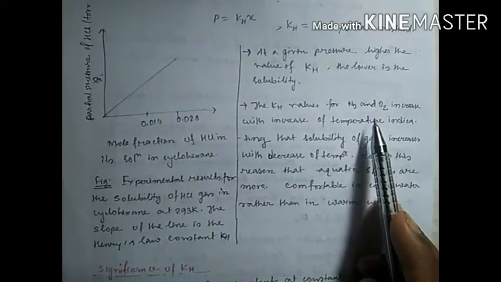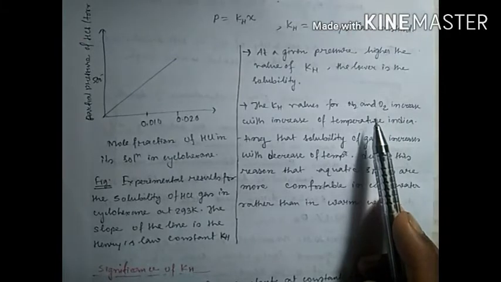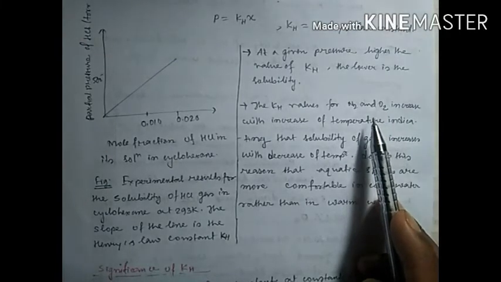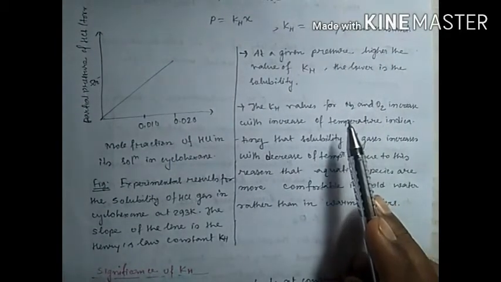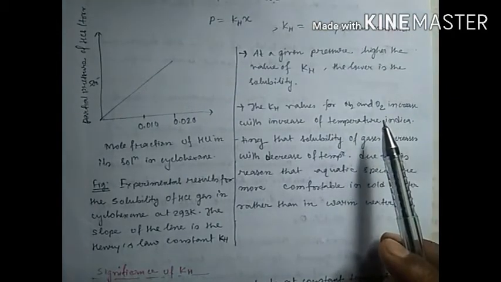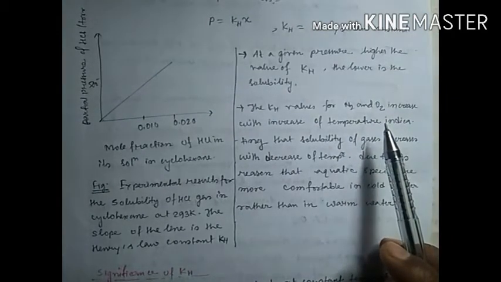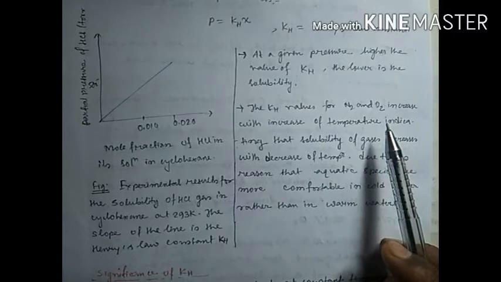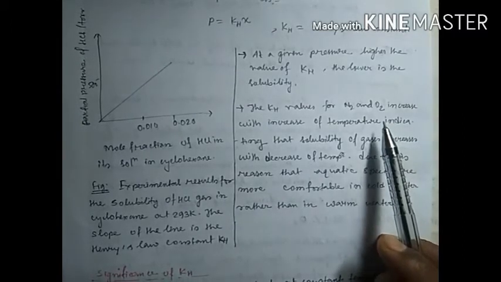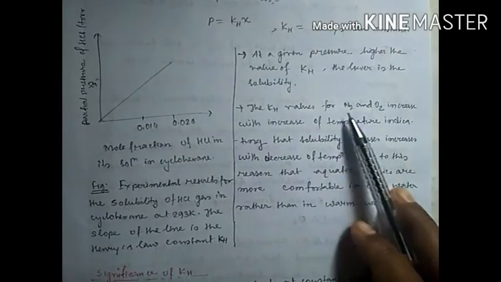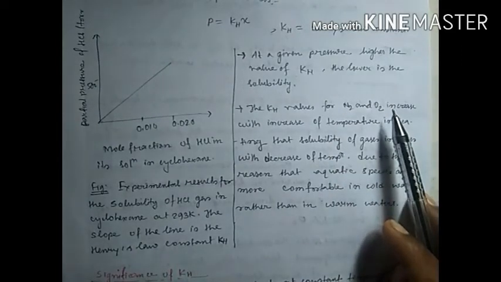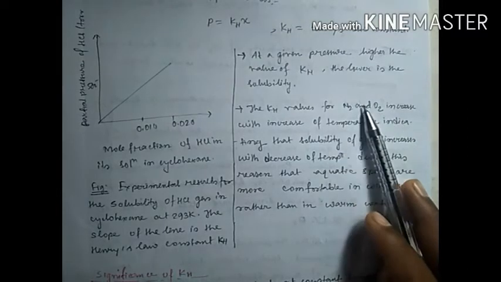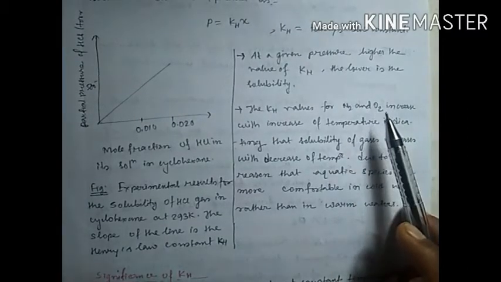That's why we can see the fish or aquatic organisms feel better to stay in the deeper region of water, because there the temperature is low and the solubility of oxygen and nitrogen is high, so that they can survive easily or they can take oxygen easily.